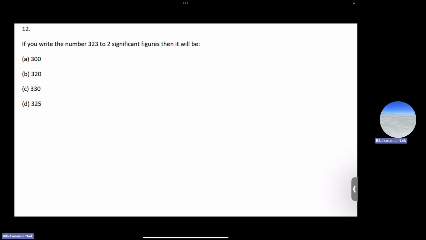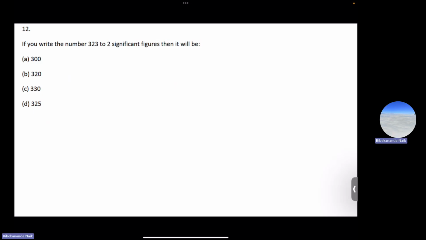So question number 12 says, if you write the number 323 to two significant figures, then it will be, options are option A 300, option B 320, and option C 330, option D 325. So the question says, if you are writing the number 323 to two significant figures, then it will be.